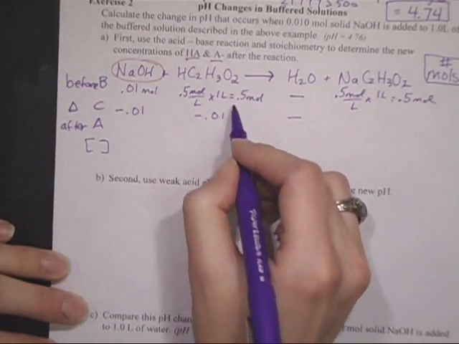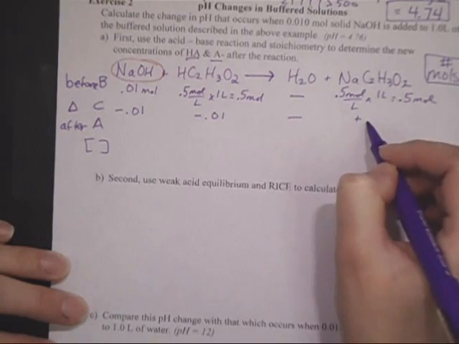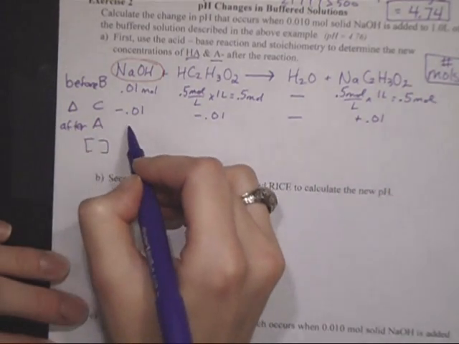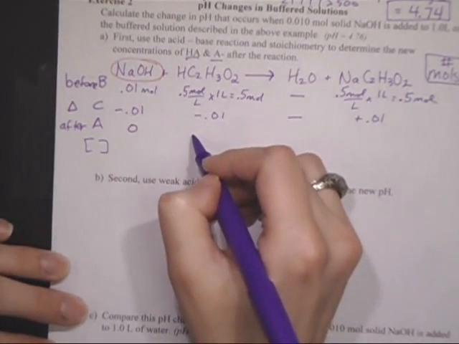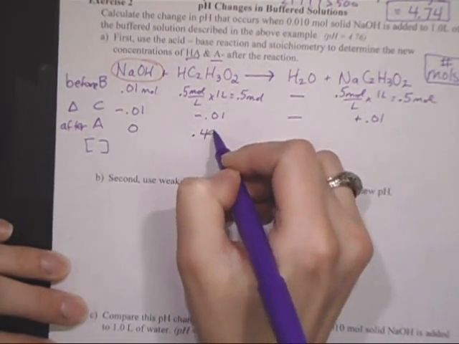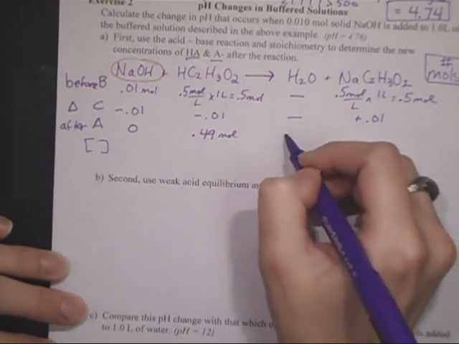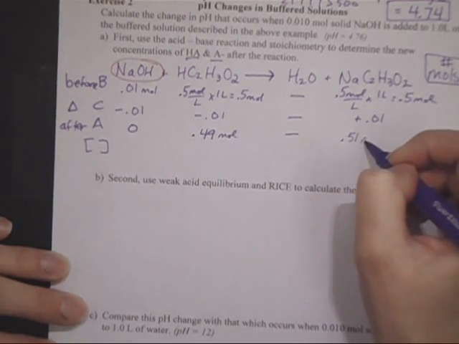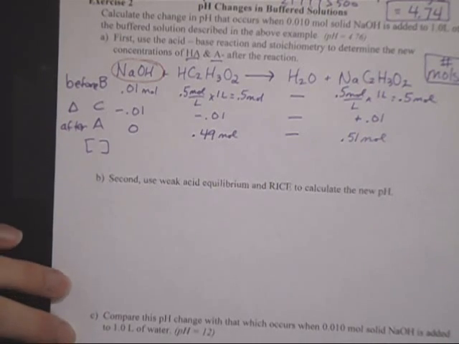So on the reactant side, it's going to be minus 0.01, and then on the product side, it's going to be plus 0.01 moles. That means afterward, I'm going to have no sodium hydroxide left. I'm going to have 0.49 moles of acetic acid left. Water is still irrelevant. And I'll have 0.51 moles of acetate ion left.